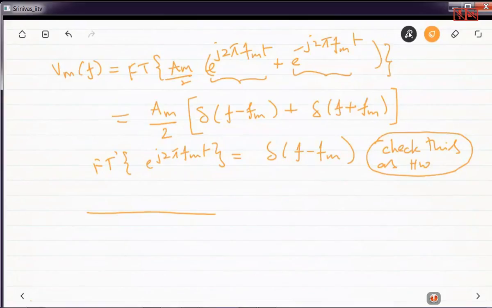And now how does this spectrum look like? Say this is 0 and this is f. So we have two impulses, one at fm, one at minus fm. And what is this height? Am by 2.